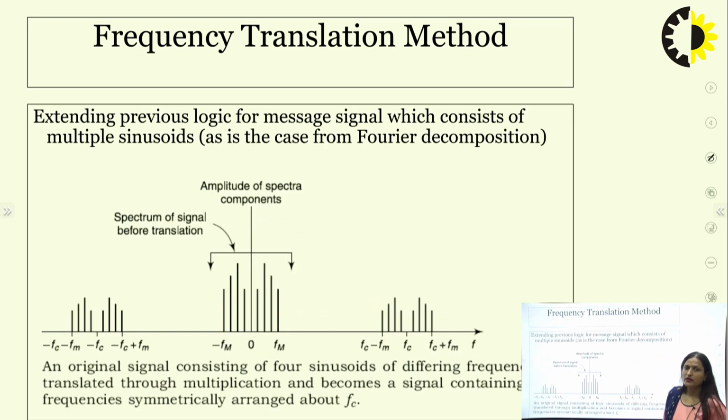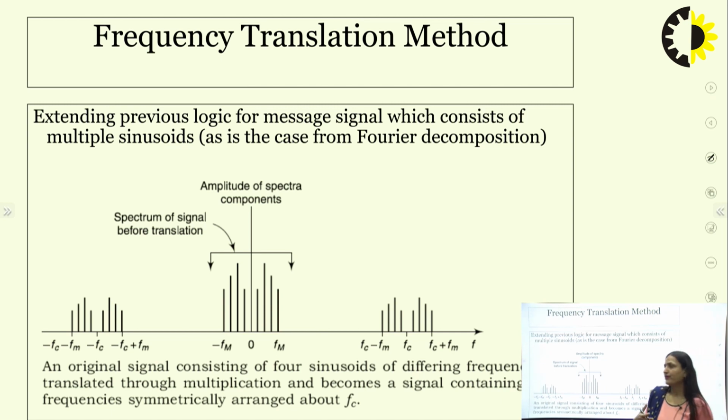Now extend the previous logic to a message signal which consists of multiple sinusoidal signals. In the last case, I drew the spectral diagram for a single frequency. Now if you have a signal with more than one frequency component, it is a multiple sinusoidal signal.